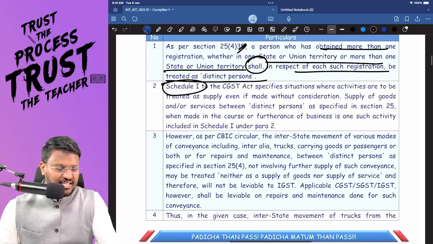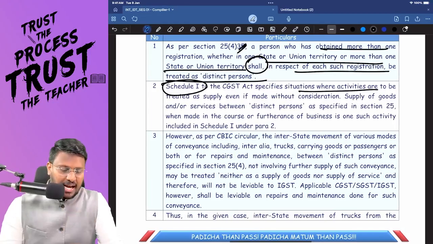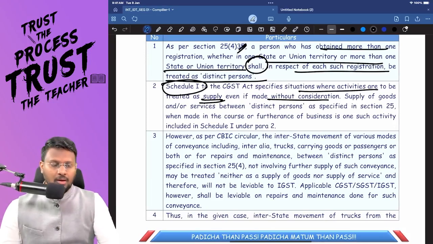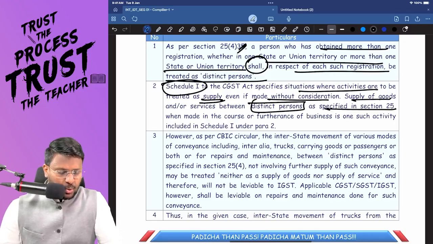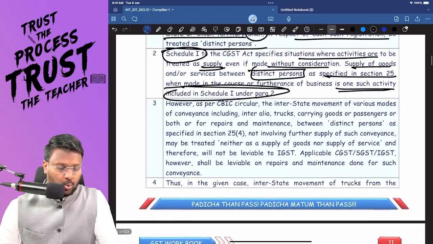Schedule 1 of the CGST Act stipulates conditions where activities are to be treated as supply, even if made how? Supply of goods or services between what persons? As specified in Section 25, when made in the course or furtherance of business is one such activity included in Schedule 1 under what entry 2.